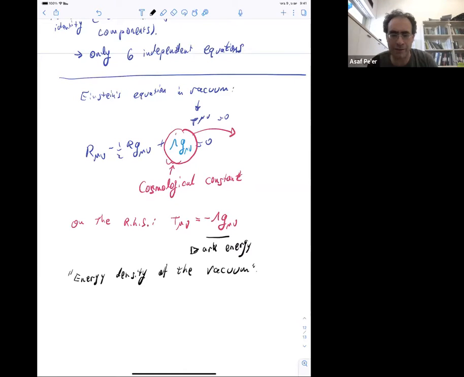A factor of 20%, 100%, a factor of 5? Does anybody want to guess?